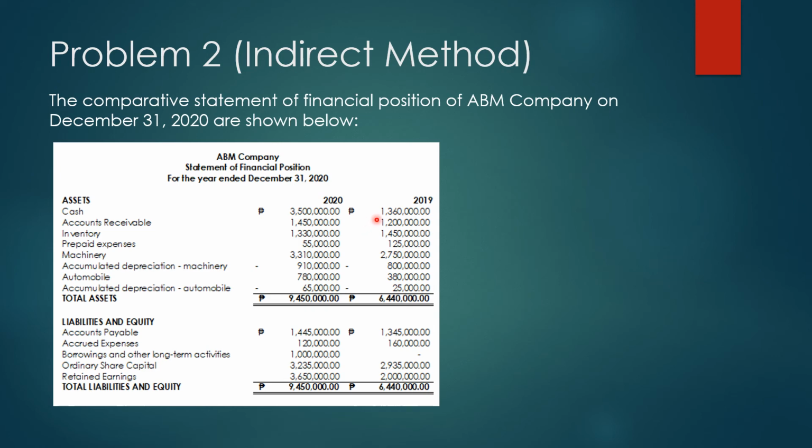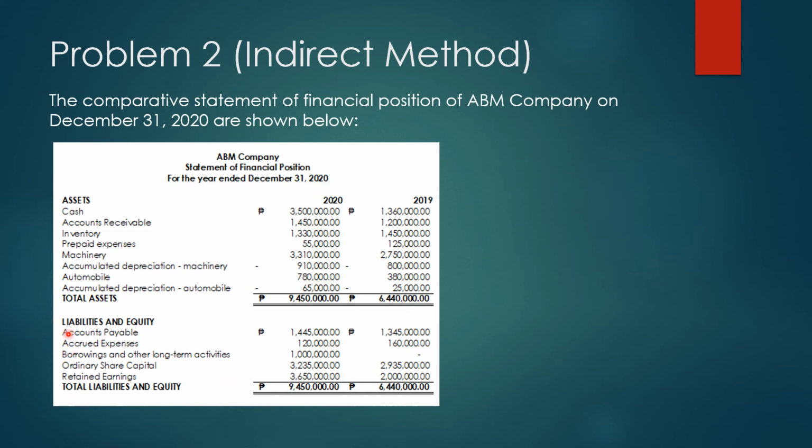Later you will see how it is done, considering that we have a beginning cash of 1,360,000. In the indirect method, we will use the current assets and current liabilities other than cash. So, remove cash, Roxana, and focus on your current assets and current liabilities. In our assets, the current ones here are accounts receivable, inventory, and prepaid expense. Machinery is a non-current asset. Automobile is a non-current asset as well. And accumulated depreciation accounts are contra asset accounts.